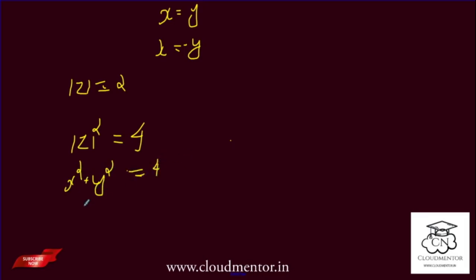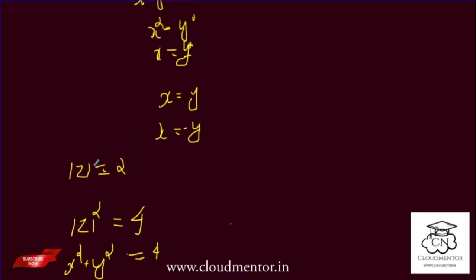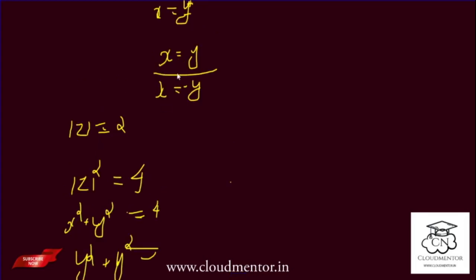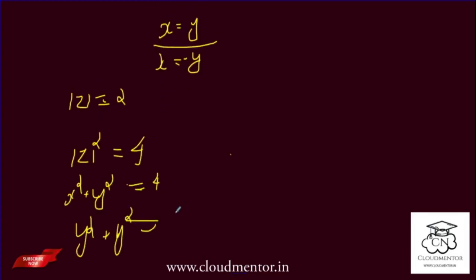From x equal to y, we can write y square plus y square equal to 4. That means 2y square equal to 4 and y square equal to 2. That means y equal to plus or minus root 2.